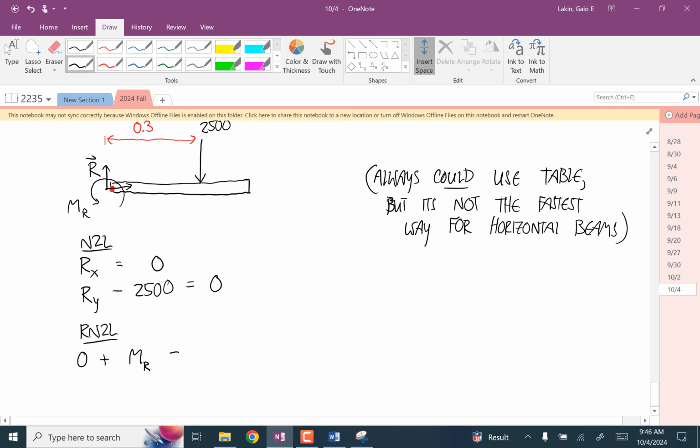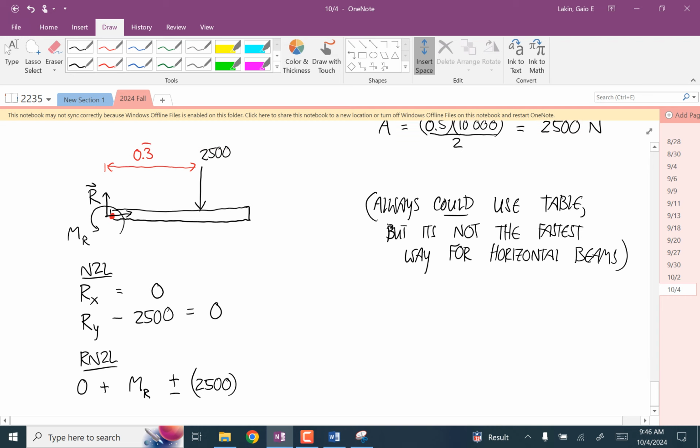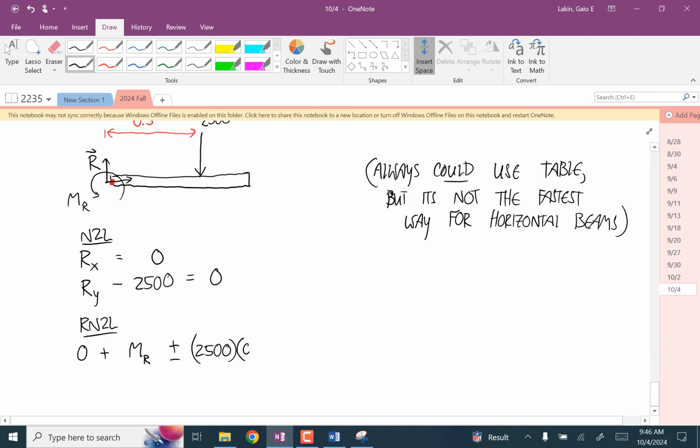And then plus or minus 2,500 times the distance, 0.3 repeating. That's all of them. And then would that 2,500 newton force cause a clockwise or counterclockwise rotation around that about point? Clockwise, so that's negative.